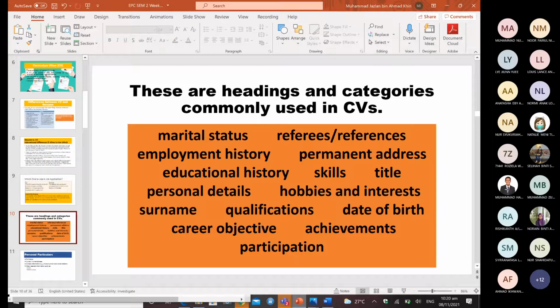Okay. Make sure you also take note that whenever you write your application letter, check with the employer. Do they want a video CV or do they want a written CV? If they want a written CV, that's a stronger reason why you need to pay attention in today's class. If they require a video CV, then just give them the link to access your video CV.